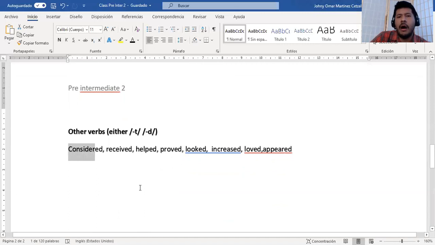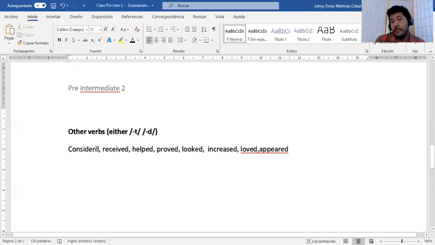The last sound is R, no? Ra. So consider, considered. So probably the last sound is da, I'm not really sure. There are some rules in which you decide considered or considered, but personally, I don't really hear the difference between ta or da, okay? What you have to bear in mind is that this E is not really pronounced.